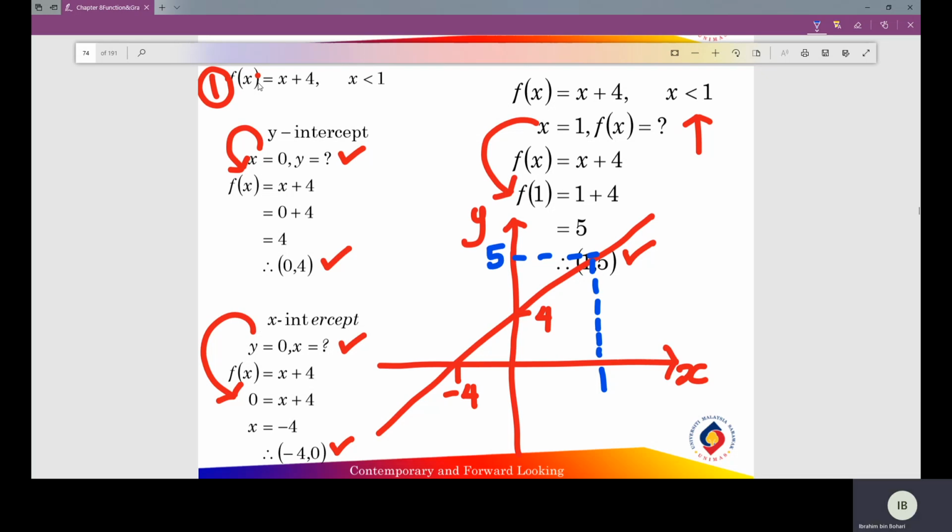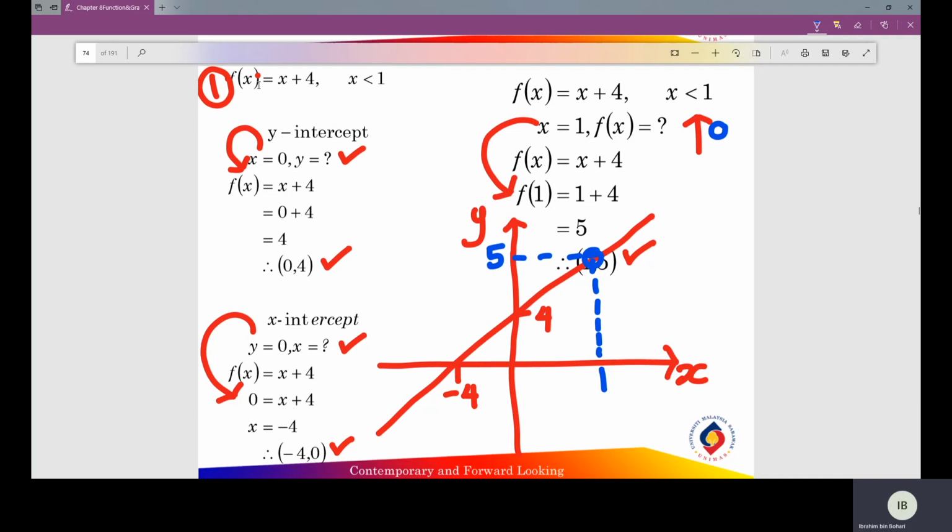And then you check the sign of the inequality. x here is less than 1, so here we use the open circle. So you put the circle here at (1, 5). Okay, settled. First function f(x) equals x plus 4.